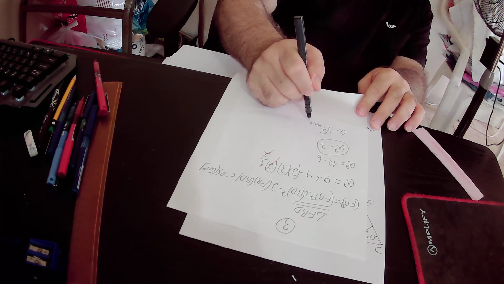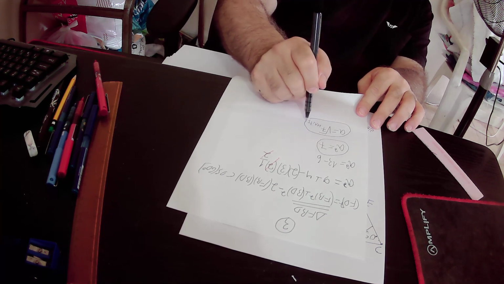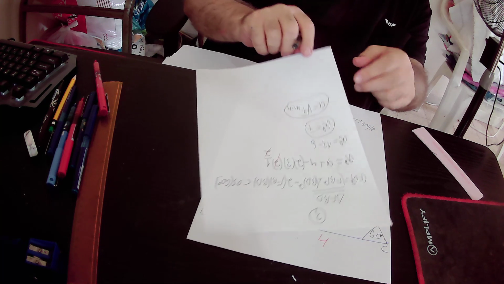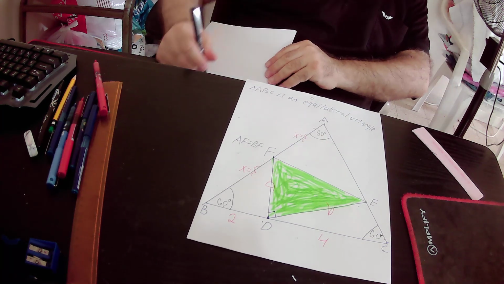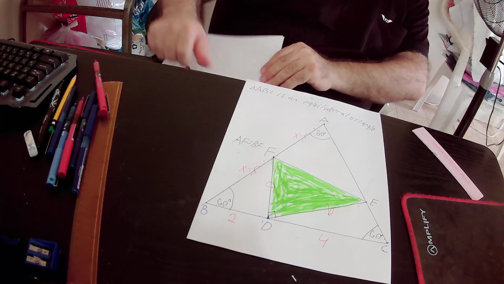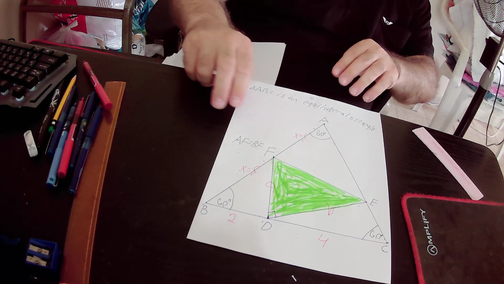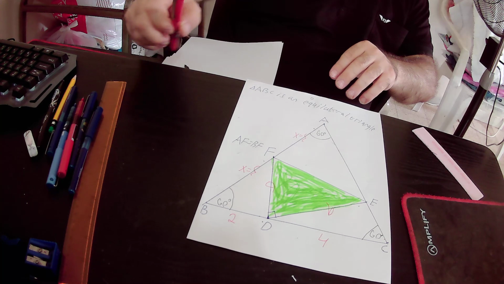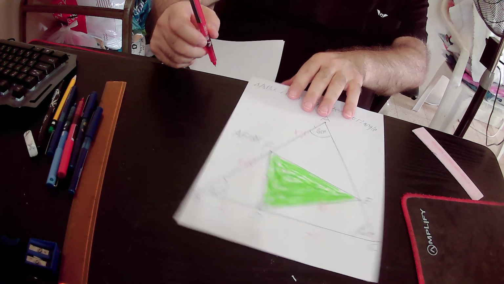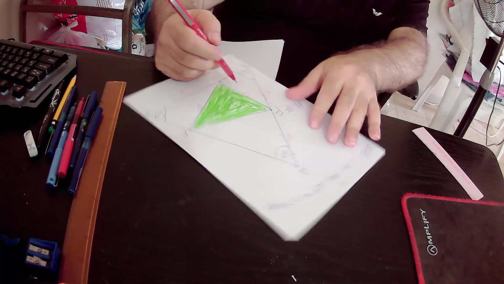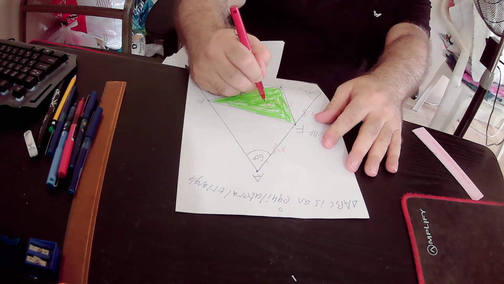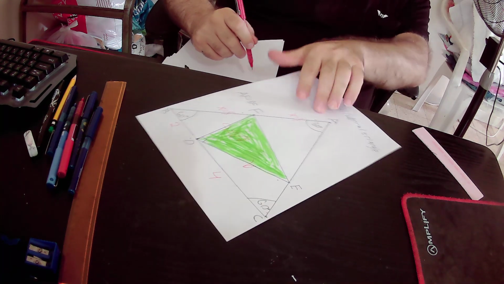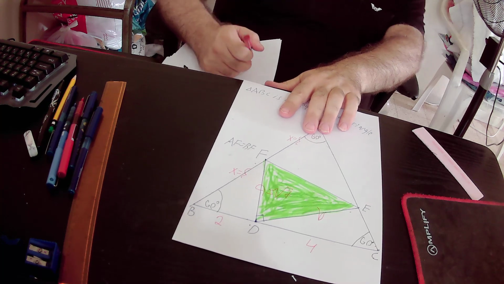Okay, so we got the value of A equals the root of 7 units.